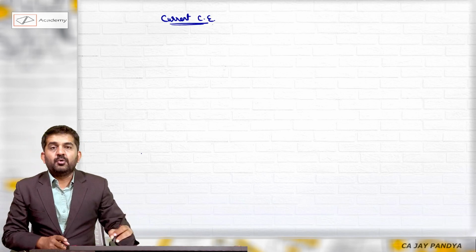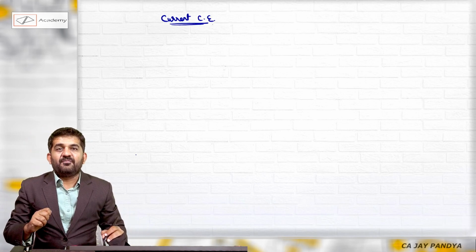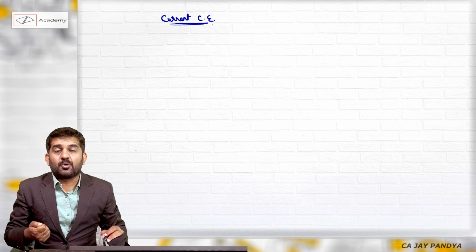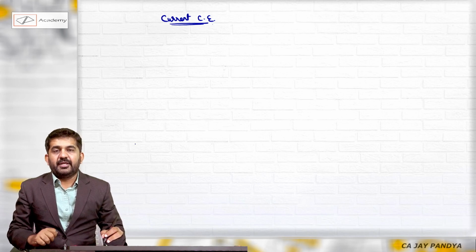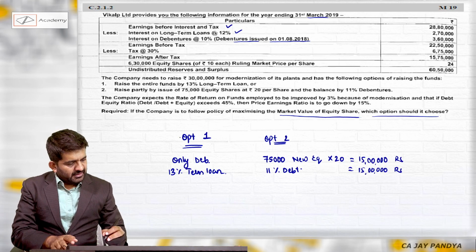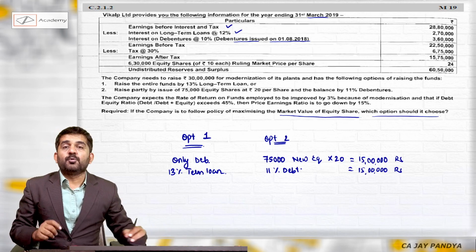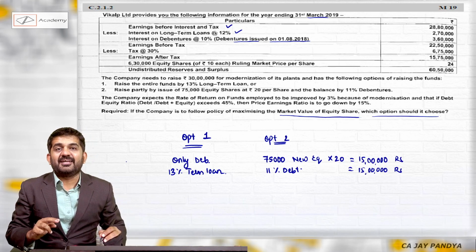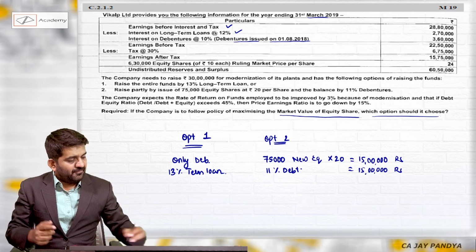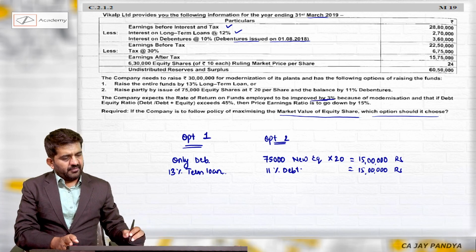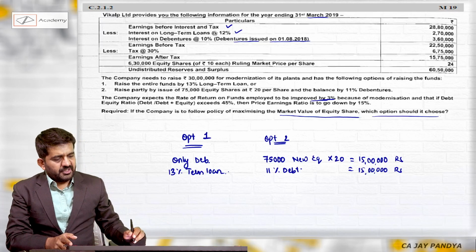Why do I say this? From capital employed, we will get ROCE, return on capital employed, and it is given in the question that it is improved by 3%. So we will get the new EBIT from this information. What is current capital employed?